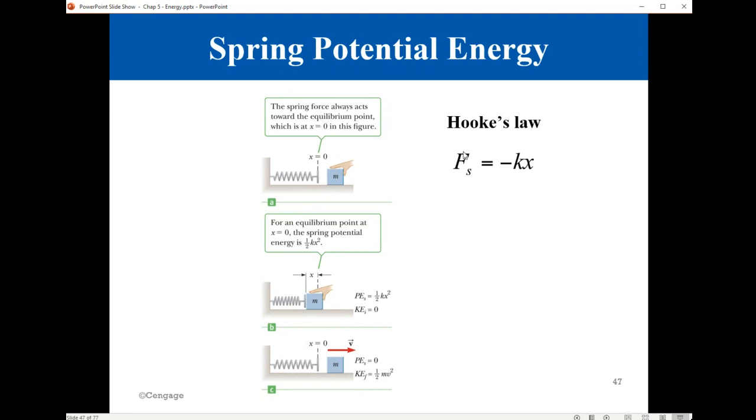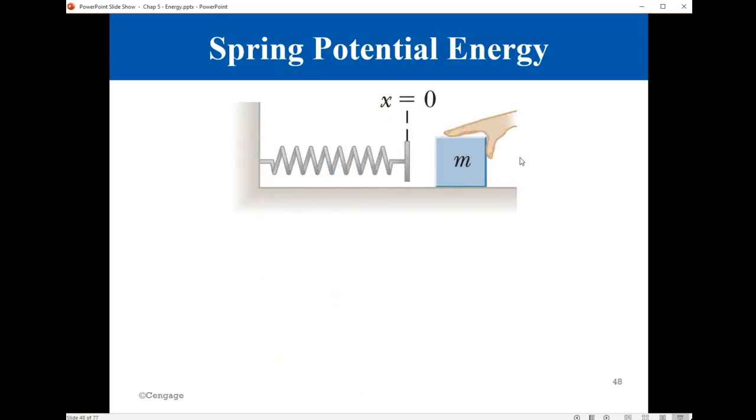And this restoring force is proportional to the displacement x, and the proportionality constant k is called the spring constant. Okay? We will always need the spring constant when we deal with springs in order to calculate the restoring force or to calculate the spring potential energy.